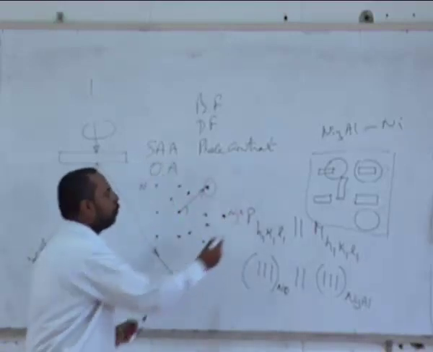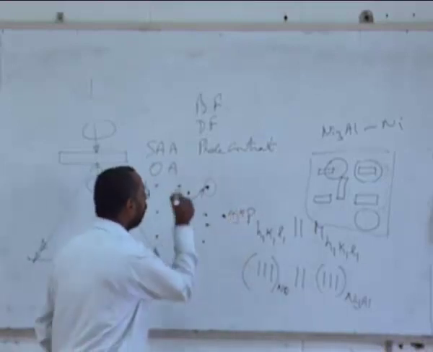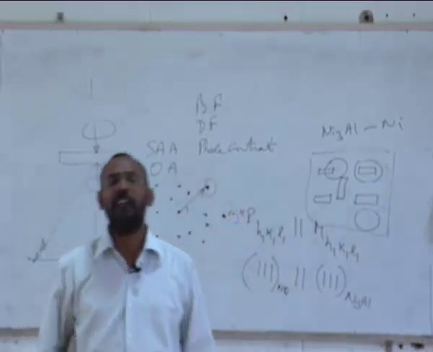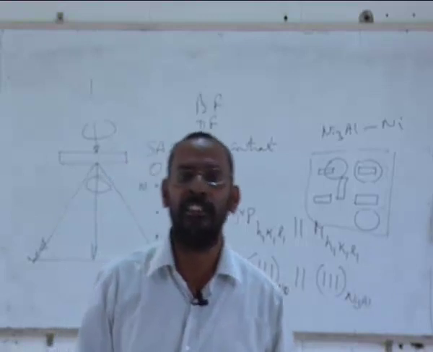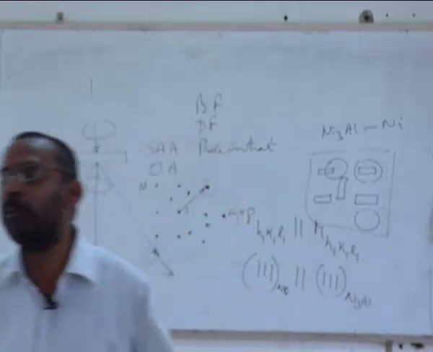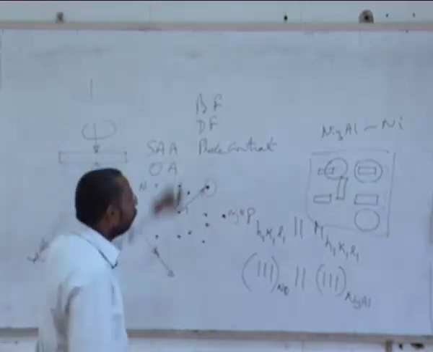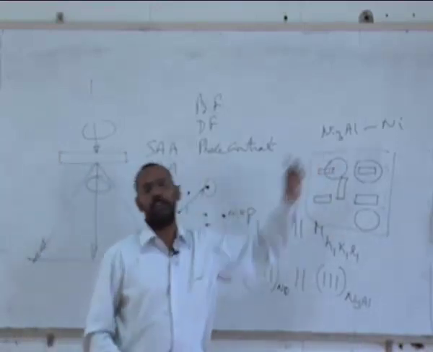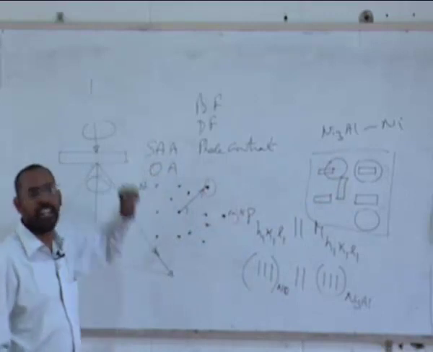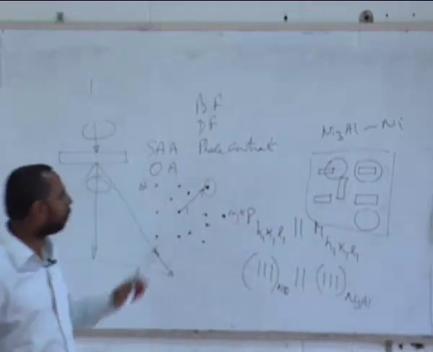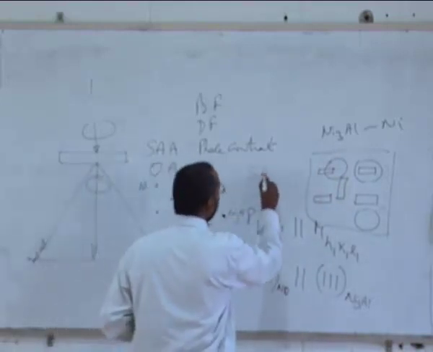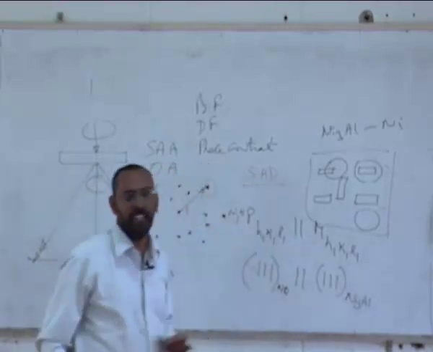And I index these two separately, and then find out which are those spots which are matching. And from this I can find out the orientation relationships, which I will not be able to do from X-ray diffraction. So you can actually do this by selecting a particular aperture. So that's why we call it selected area aperture. And this diffraction pattern is called selected area diffraction pattern, SAD.